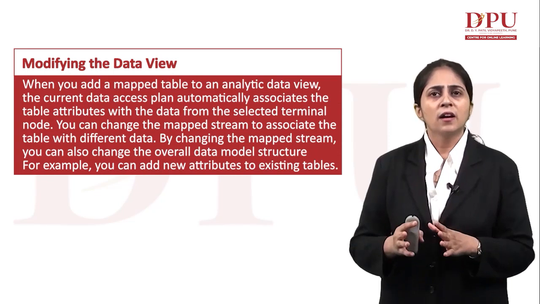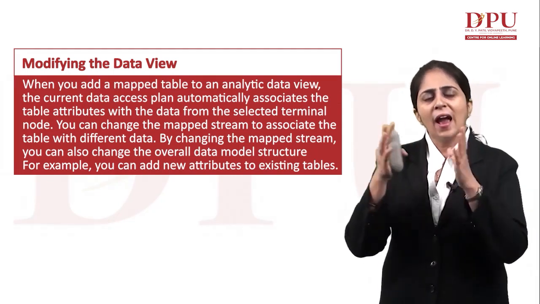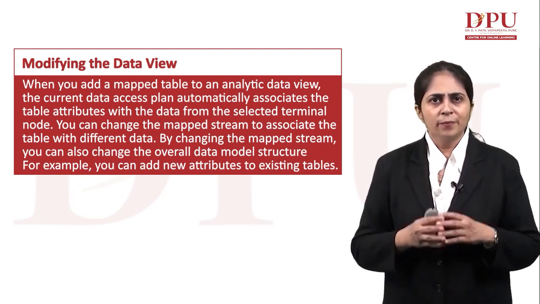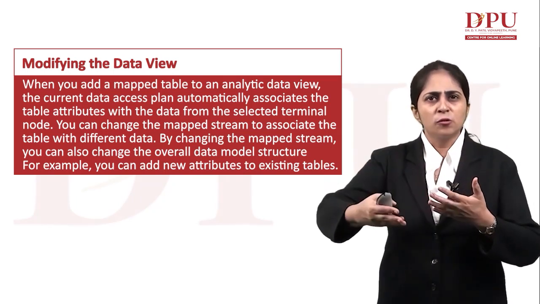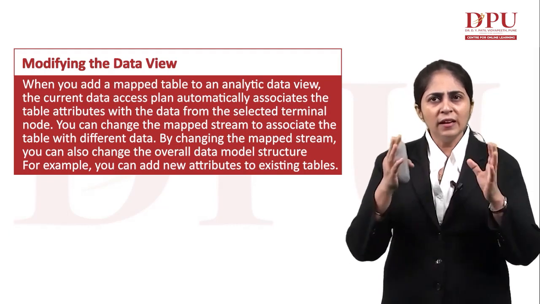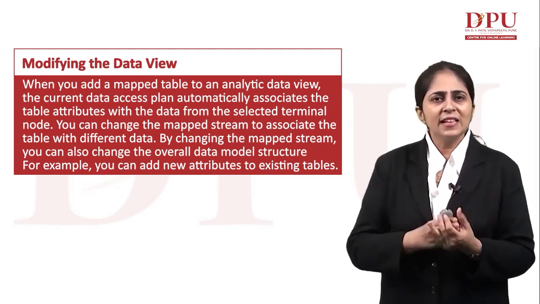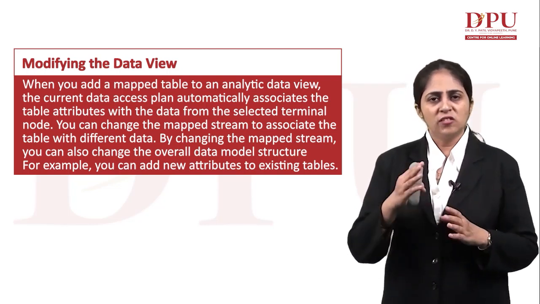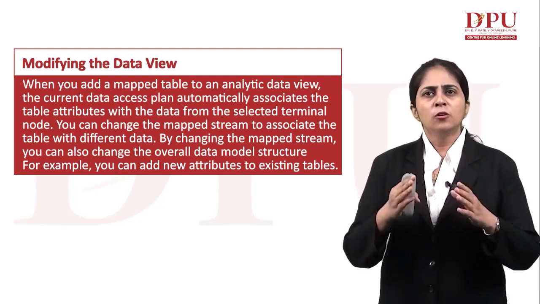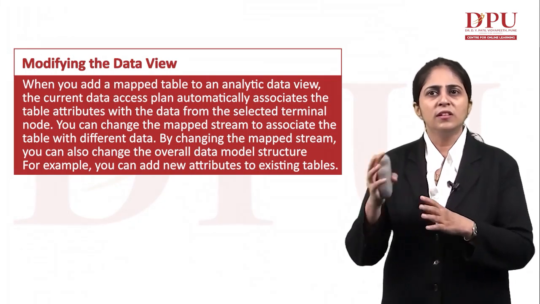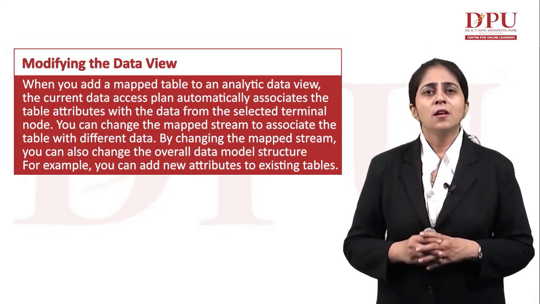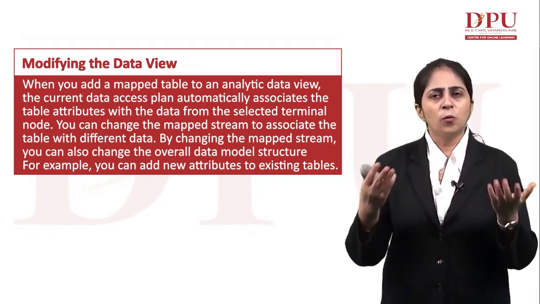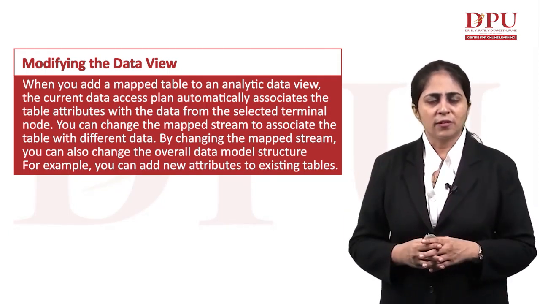When you add a map table to an analytic data view, the current data access plan automatically associates the table attributes with the data from the selected terminal node. Now, you can change the mapped stream to associate the table with different data. By changing the mapped stream, you can also change the overall model structure.